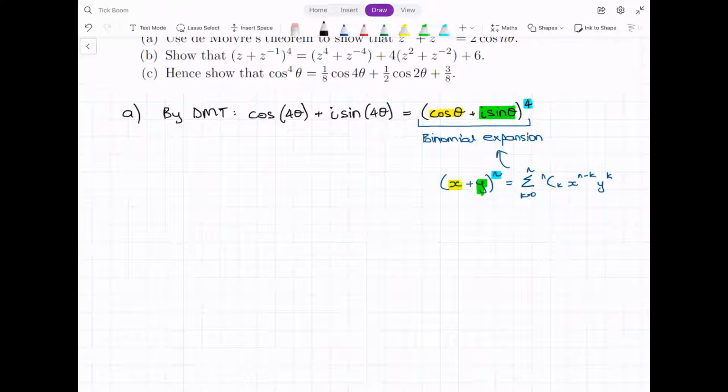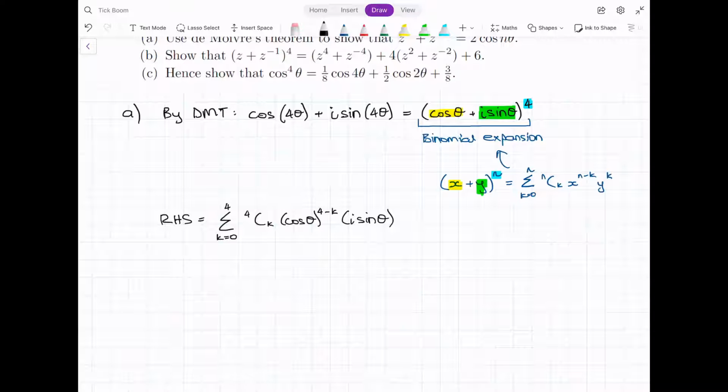We're essentially saying that the right hand side is equal to the sum from k equals 0 up to 4, since for us n is equal to 4, of 4Ck, and then for us x is cosine theta to the power of 4 minus k, and then i sine theta to the power of k.